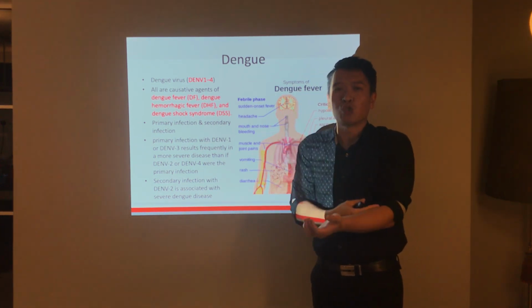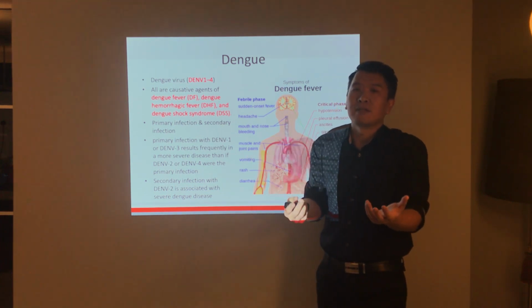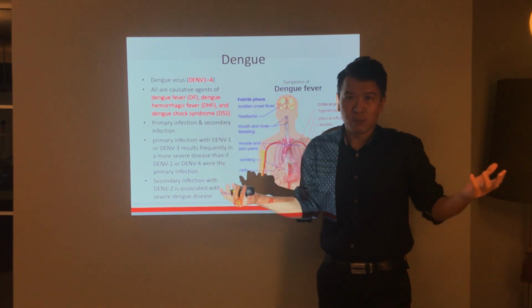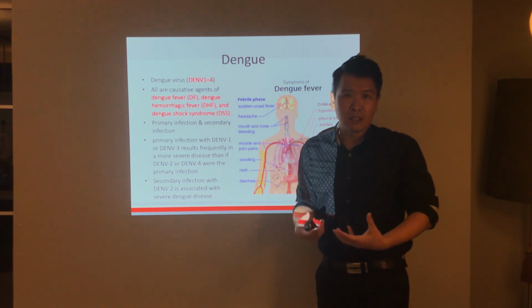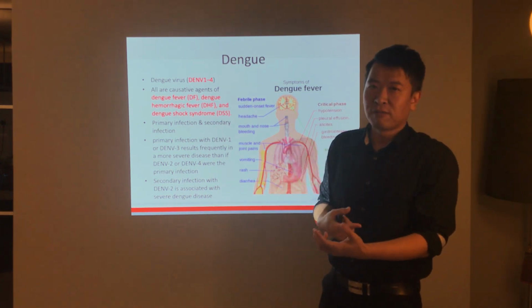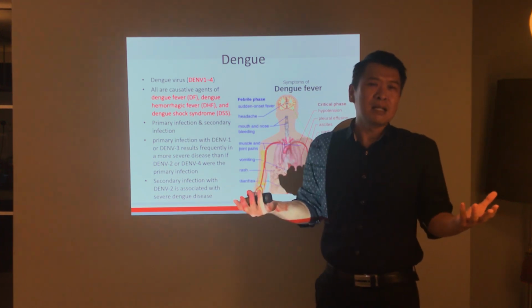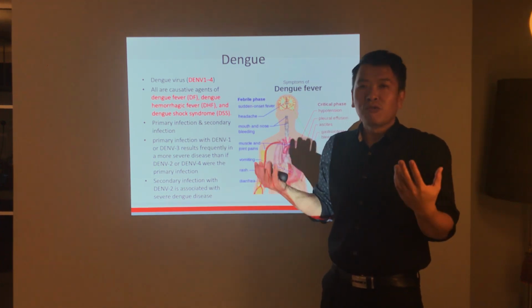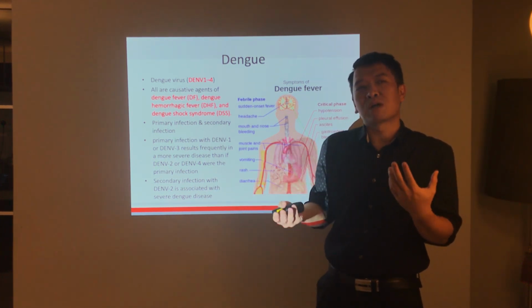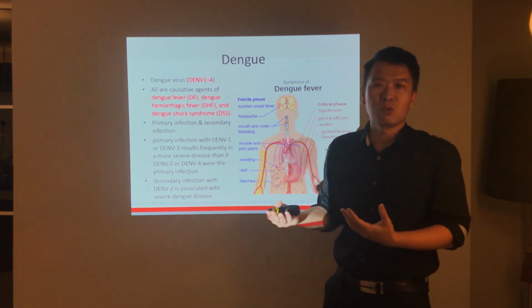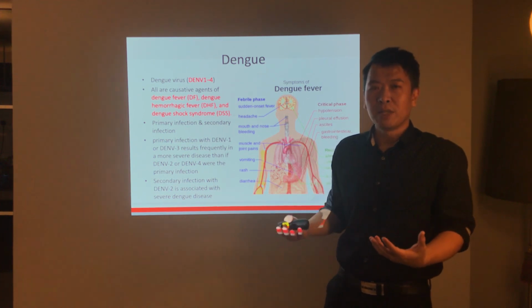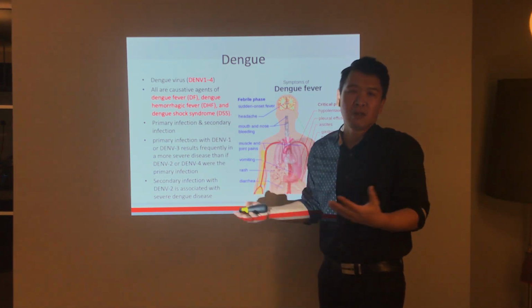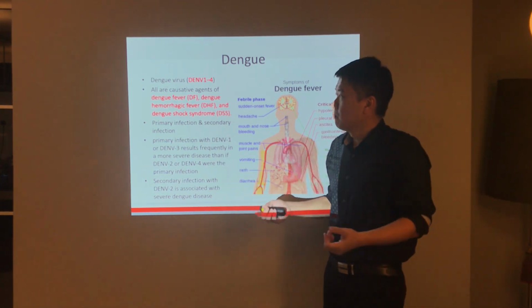This virus goes into your body, and because your body has not been exposed to the virus before, your body starts to react and your immune system starts to fight off the virus, and basically you'll recover from that. So for primary infections, people who are exposed to dengue virus for the first time are basically asymptomatic, meaning that they will not develop dengue fever or whatsoever.